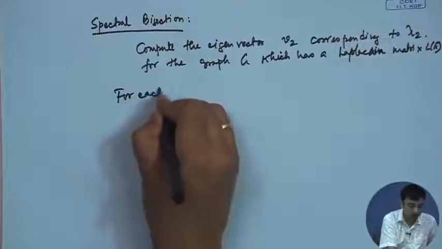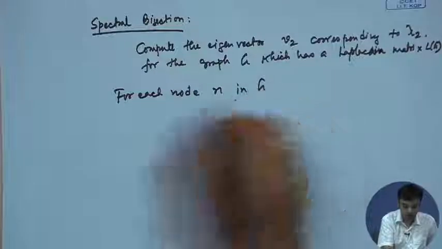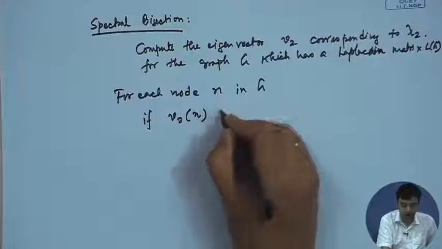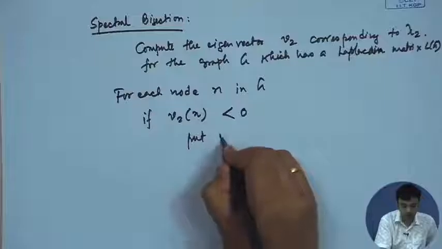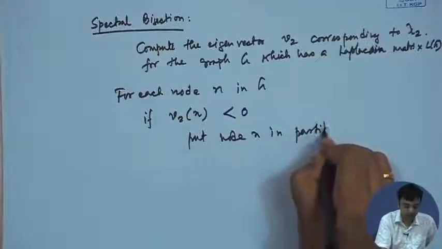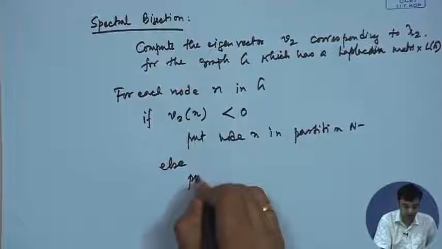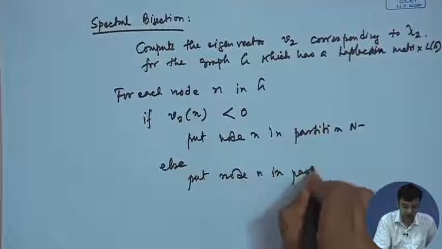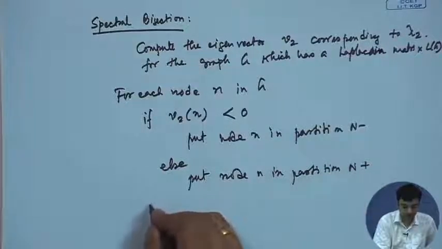For each node n in G, if V2 of n is less than or equal to 0, put node n in partition n minus, else put node n in partition n plus. End.